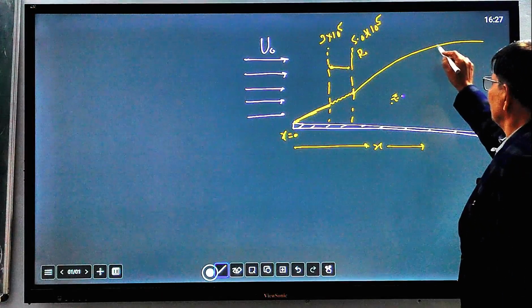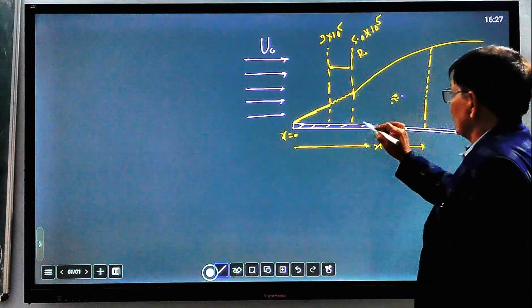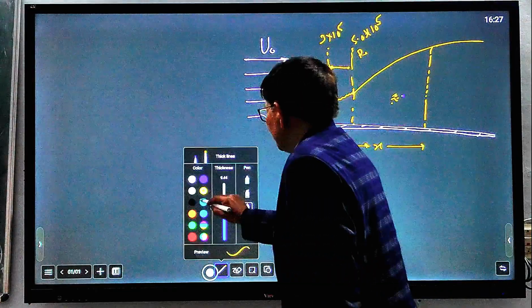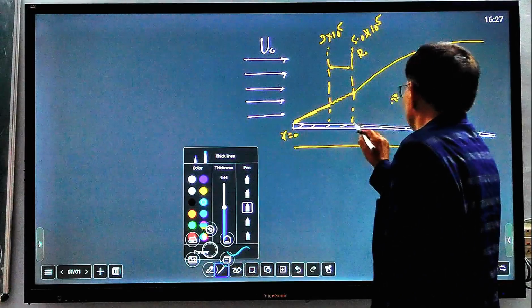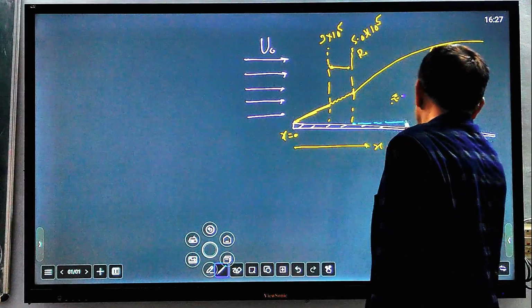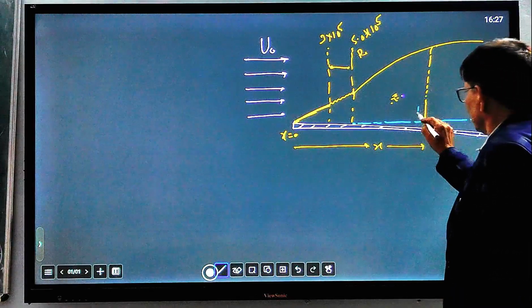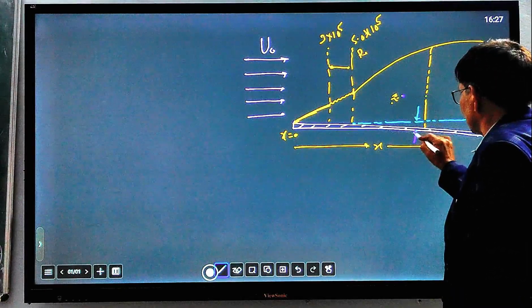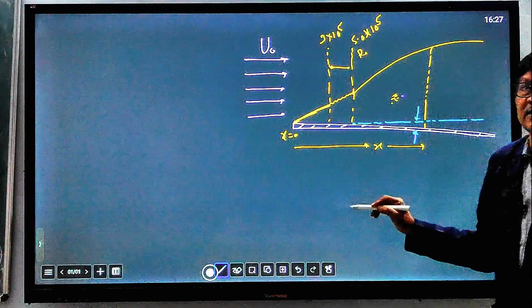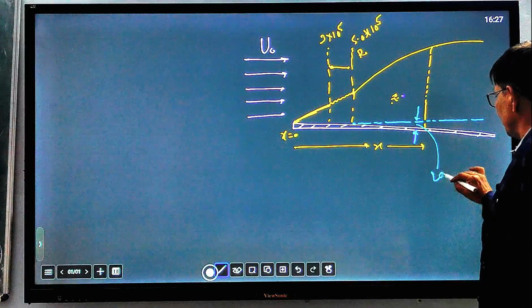Suppose we reach this point and draw a profile here at distance x. Even in the turbulence zone, the flow is not fully turbulent. This turbulent zone never touches the surface of the boundary. This thin layer is known as the laminar sublayer.